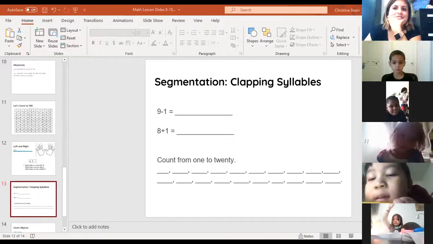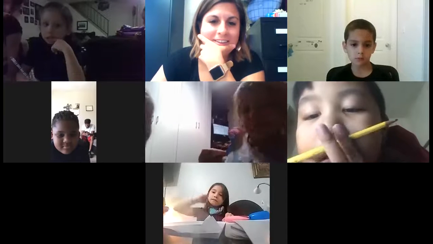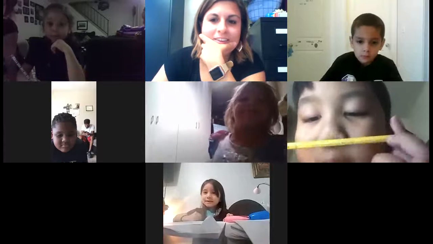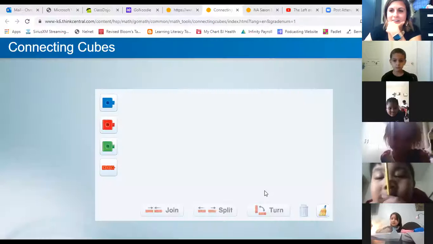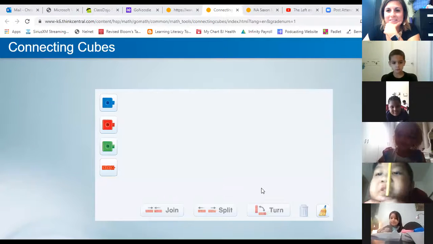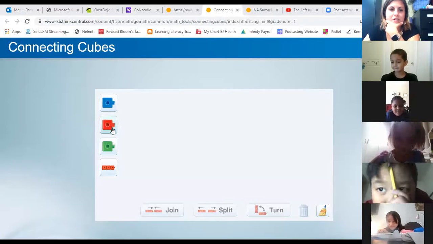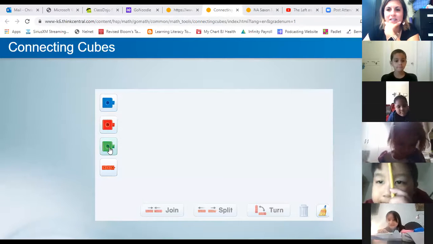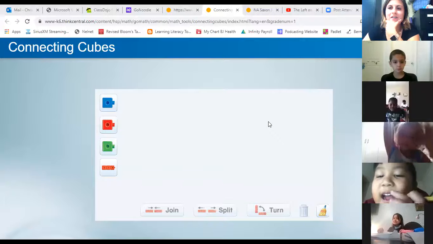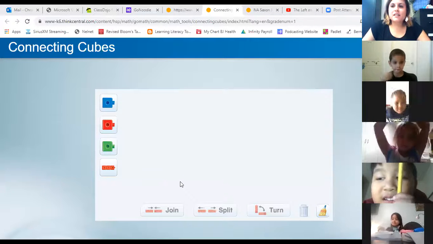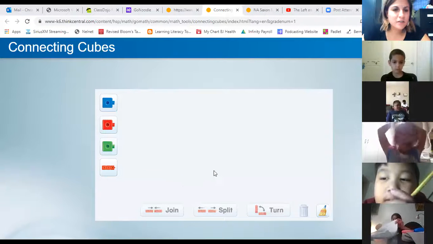Okay, let me try this again. How about now? Can you see the cubes? There's a blue, a red, and a green. You see it? Okay. I'm gonna use these to count.